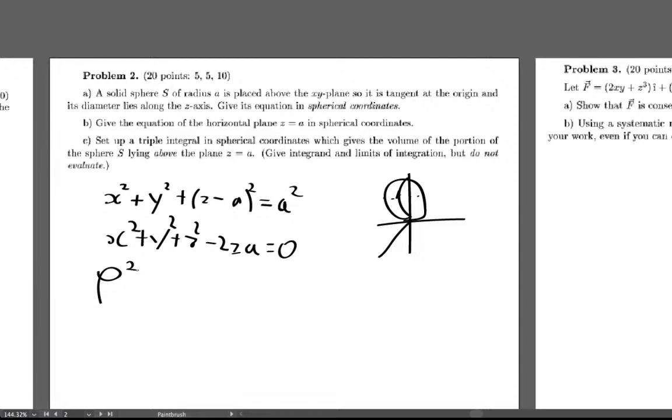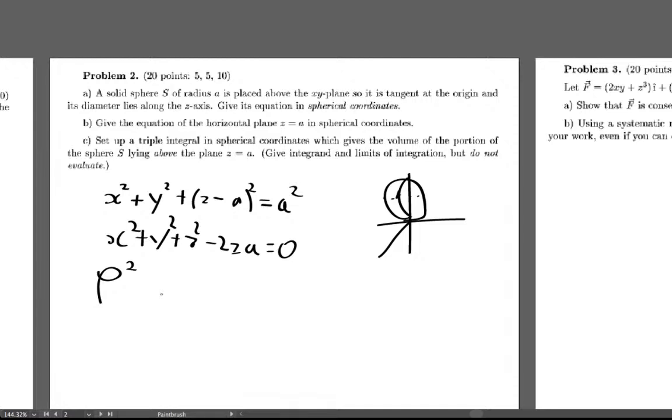So x squared plus y squared plus z squared here is going to be rho squared. But then what is z?